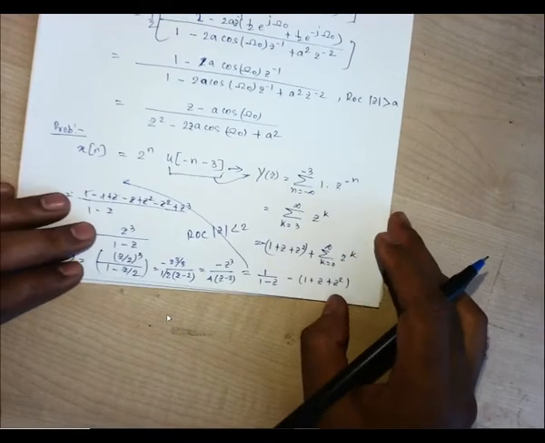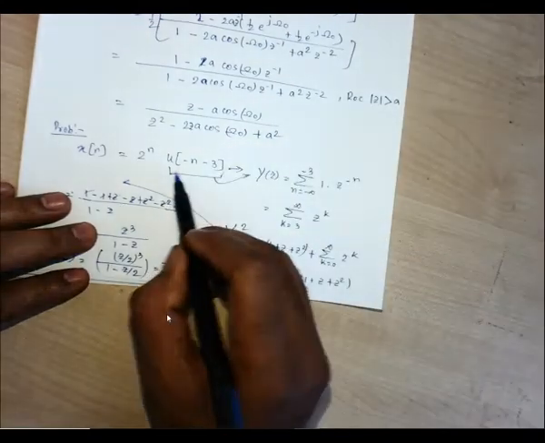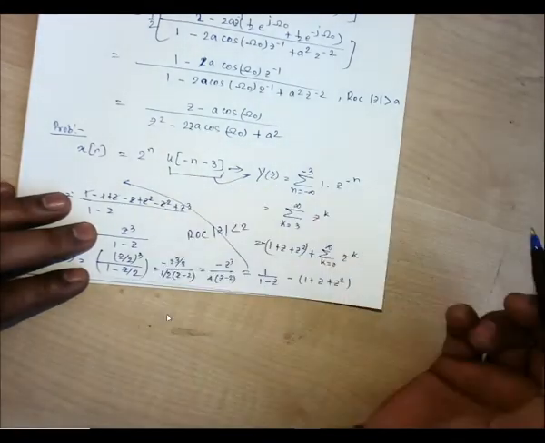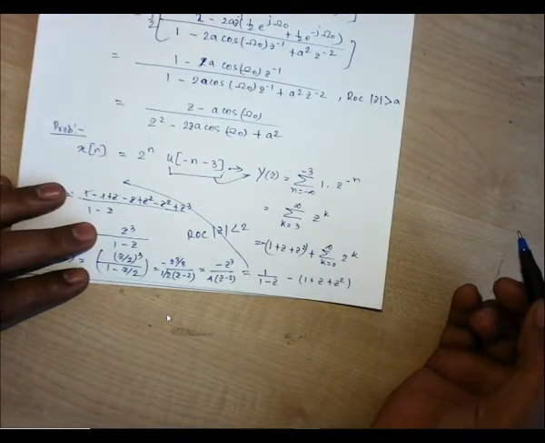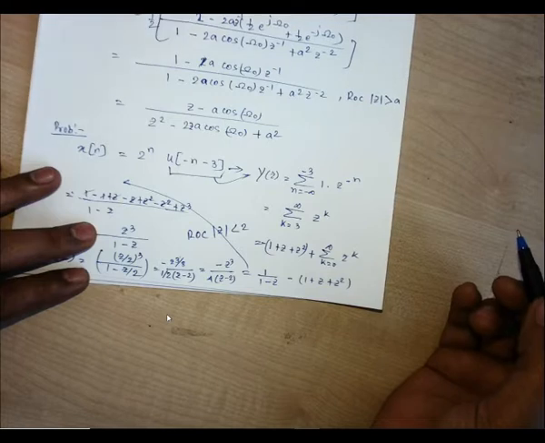Now if you see for this case, it is unity. For that case we are supposed to get the ROC as mod of z should be greater than 1. Sorry, mod of z should be less than 1.